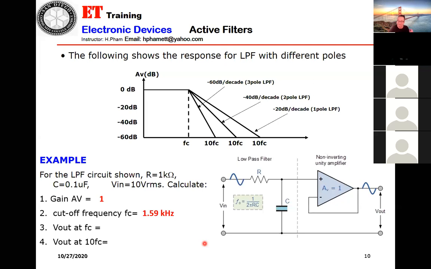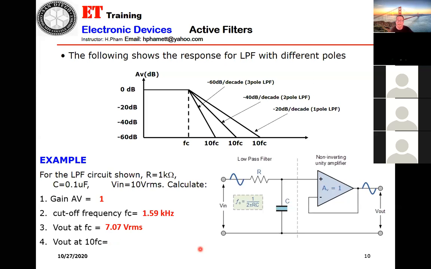It cannot be 10. The thing is, at the cutoff, what happened? They go down 3 dB. So it's 0.707 times 10, 7.07 volts. That's correct.